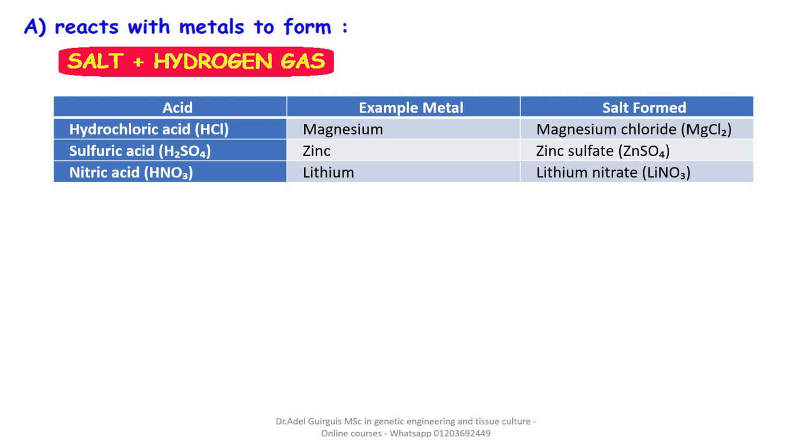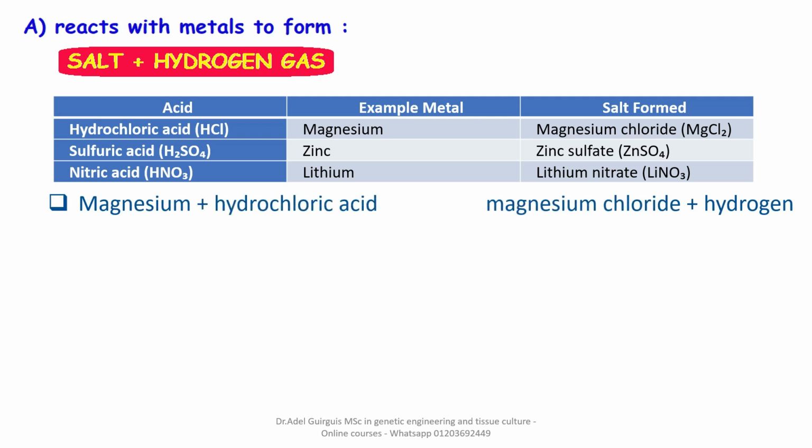Nitric acid and lithium, the salt is called lithium nitrate, LiNO3. Step by step, look at this word equation: magnesium plus hydrochloric acid reacts to give magnesium chloride. The salt of hydrochloric acid is called chloride. The salt of sulfuric acid is called sulfate. The salt of nitric acid is called nitrate.